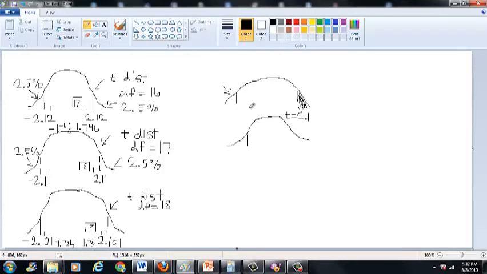Or in a two-tailed test, it's going to also include this thick area below negative 2.1.